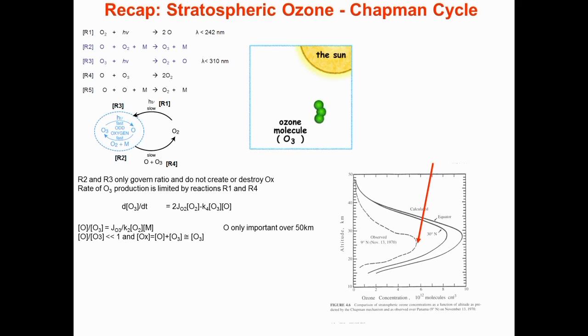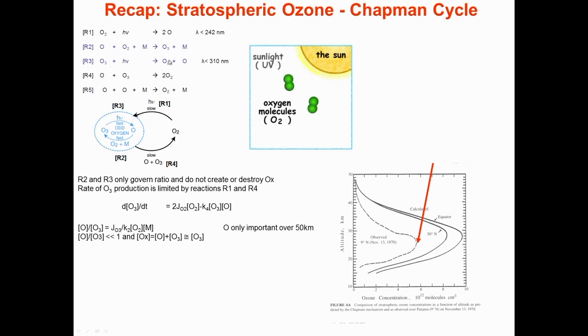Very simply put, molecular oxygen photolyzes to produce atomic oxygen. Atomic oxygen itself can react with molecular oxygen in a three-body reaction to form ozone. So that's the formation chain.